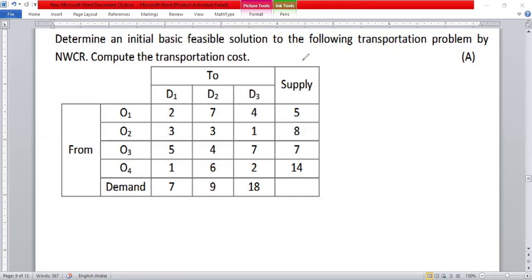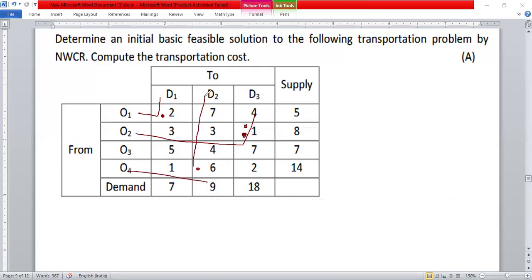Correct? Before starting the northwest corner rule, remember two things. In the northwest corner rule, we always start at cell number 1,1. Look at this, this is cell number 1,1. What about this one? Cell number 2,3. What about this one? Cell number 4,2.